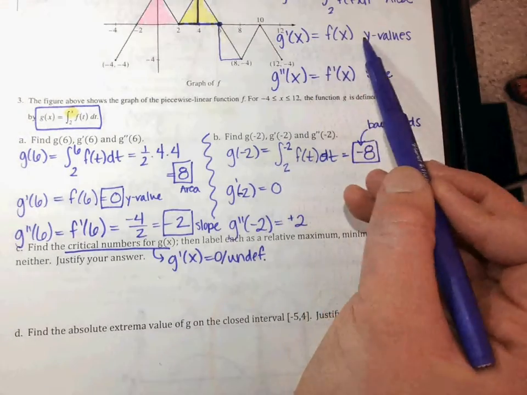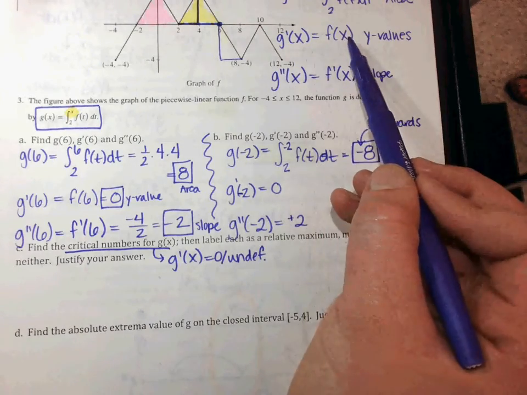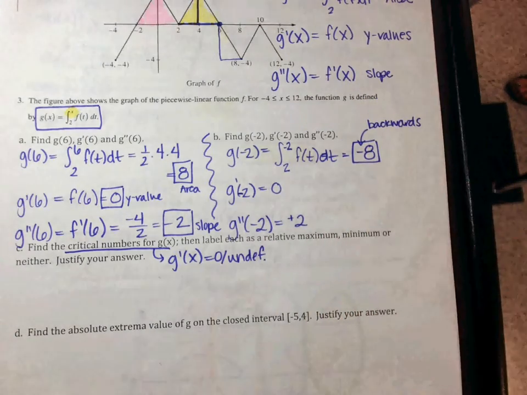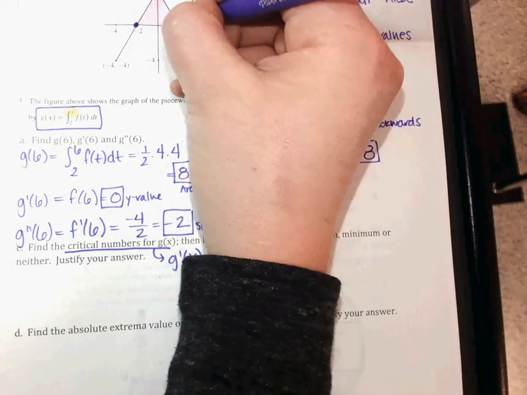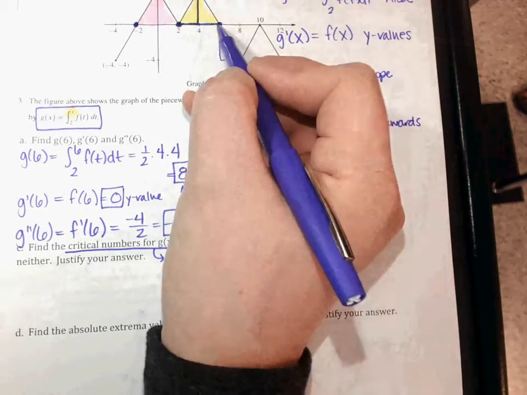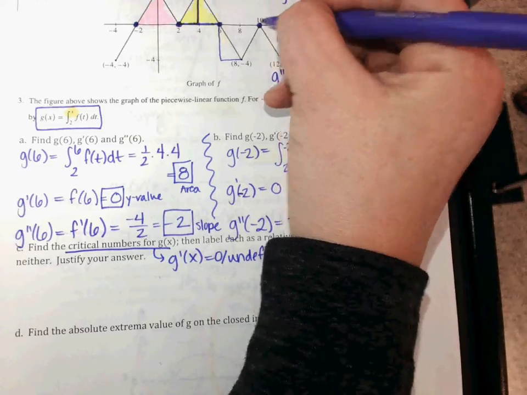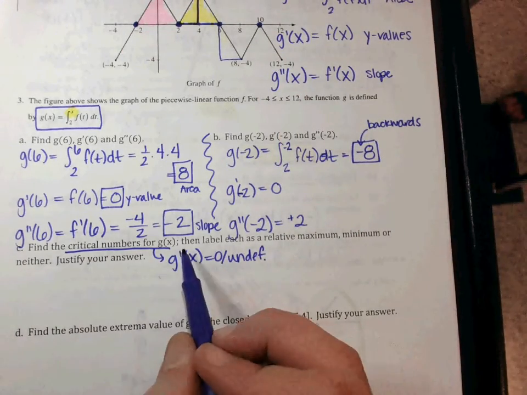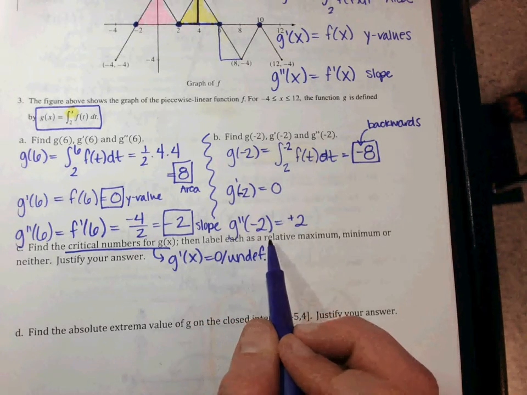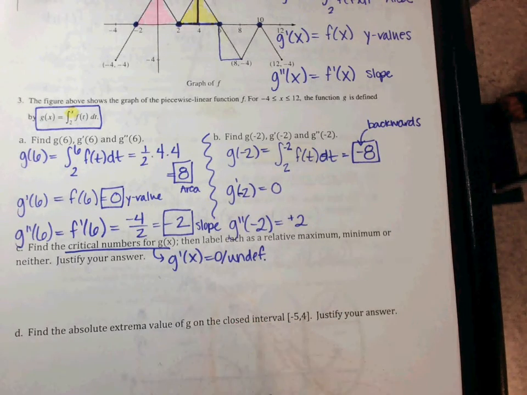And so when does f of x equal 0? Yep, and there are a bunch of places here. I'm going to put dots on each one. Here's one, there's one, and there's one. Now, when I list them out, I'm going to list them separately because it's going to ask me to label them as a min, max, or neither.